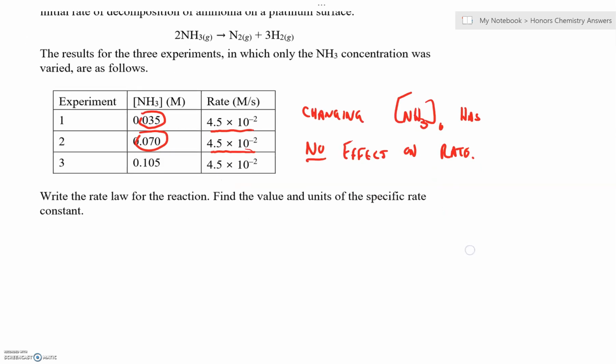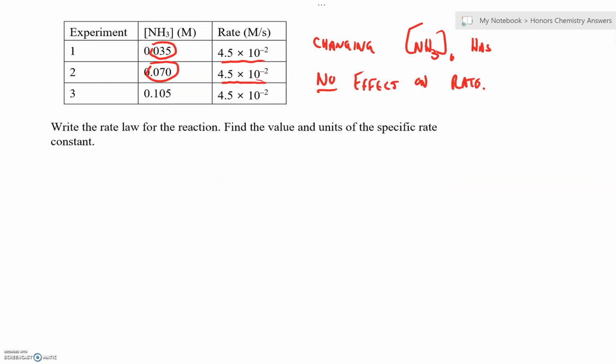Well, what does this mean? Well, let's try this out and see what happens. So let's pick a couple of experiments. And we can do 3 and 2 if we want to. It doesn't even matter. So I'm going to take experiment 3. We're going to try to write the rate law for this. Before we even get to experiment 3, the rate law is going to look like this. Rate is equal to some rate constant K that we don't know times the initial concentration of ammonia. And we want to find the value in units of the specific rate constant.